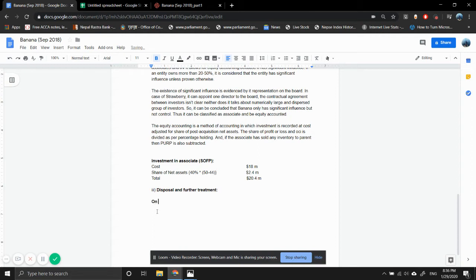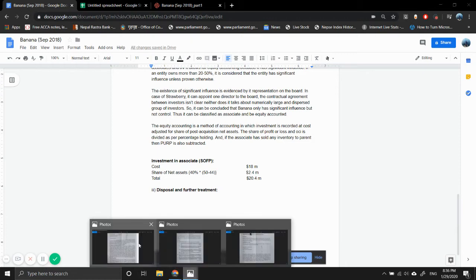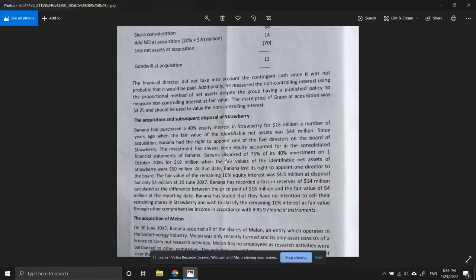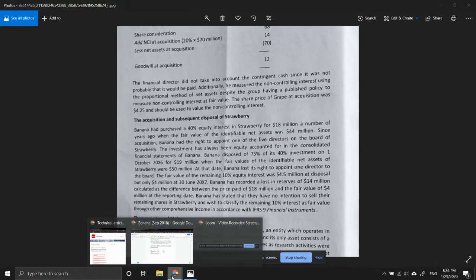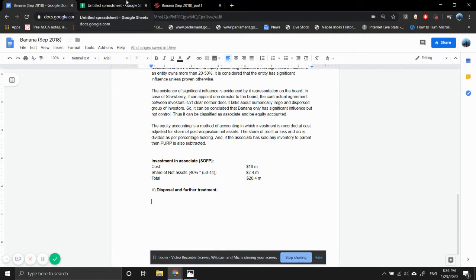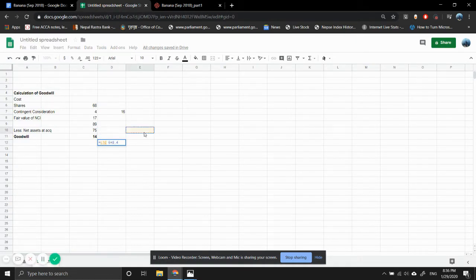So how much did they dispose? They disposed of 75% of the 40%. So how much will that be? 75% of that 40, which equals 0.75 times 40, so that will be 30.